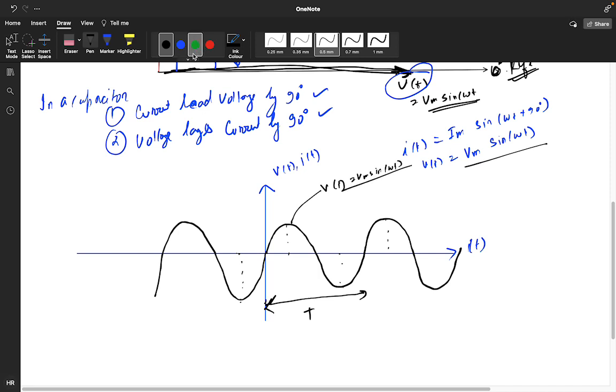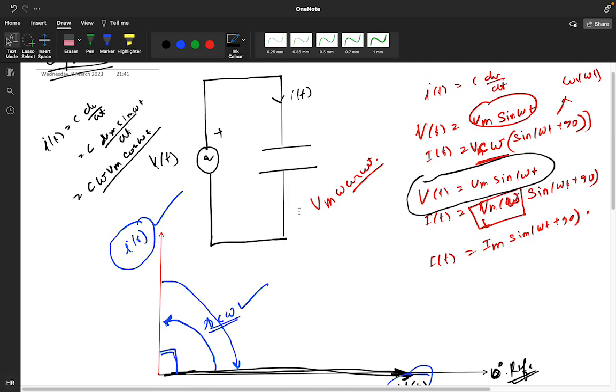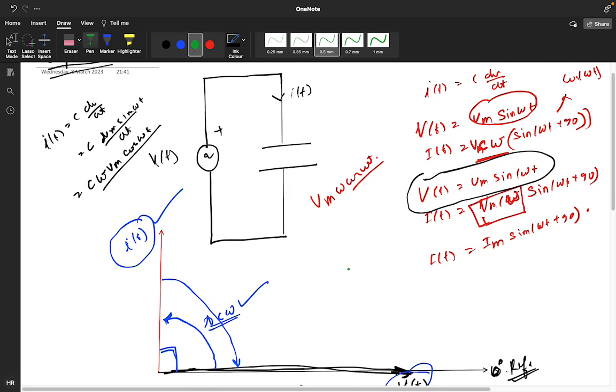Now about I of t, it is leading by 90 degrees, so it will start from here. I am assuming that the Im value is greater than Vm. It may be lesser also.